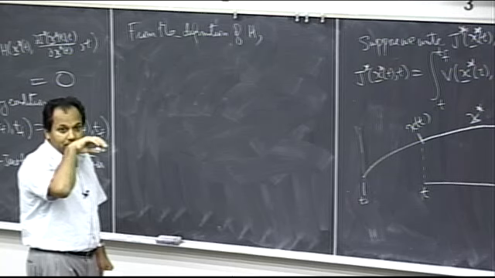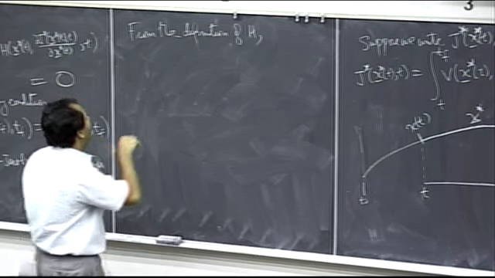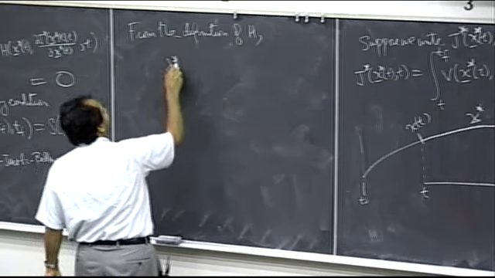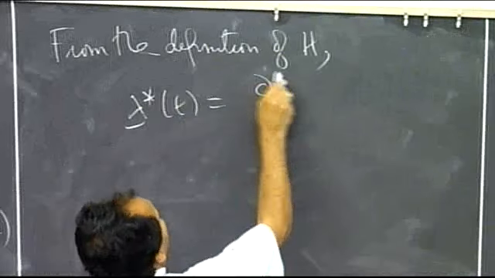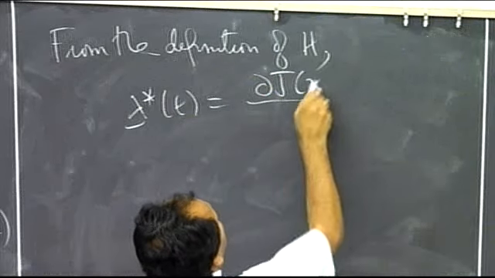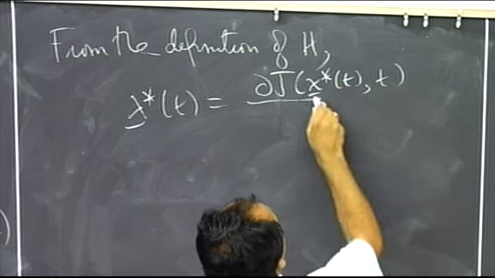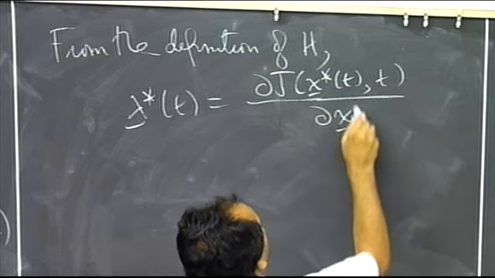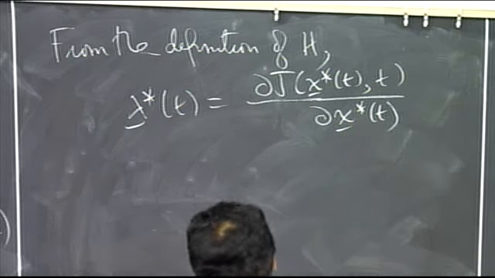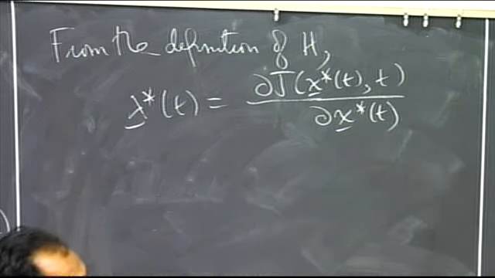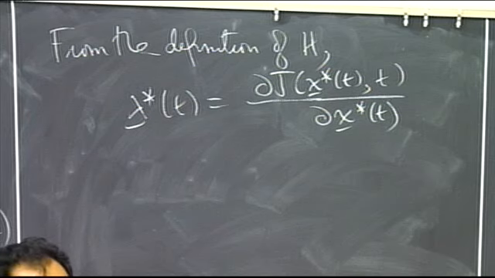dJ over dx is the lambda from before? Right. The lambda star is equal to the partial of J of x star of t and t with respect to x star of t. Right? Makes sense? I mean, it's consistent with that definition and the one we used earlier, right? So, also, what else do we know?